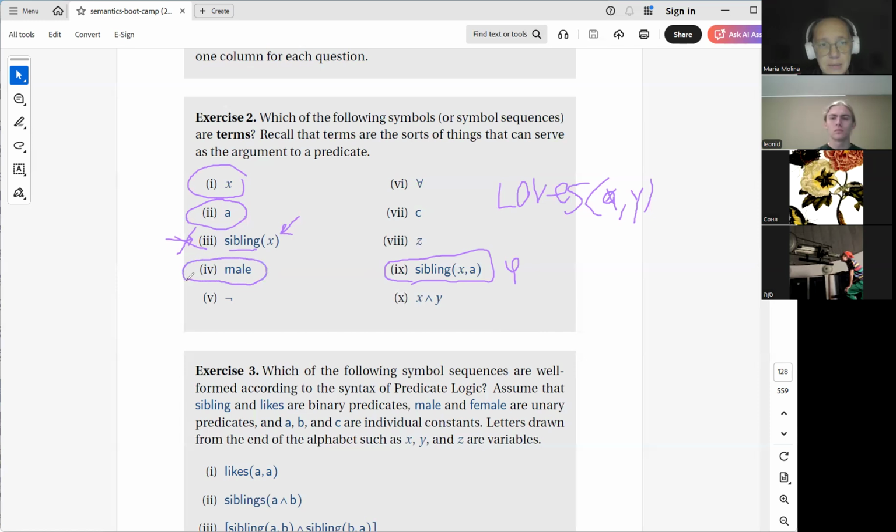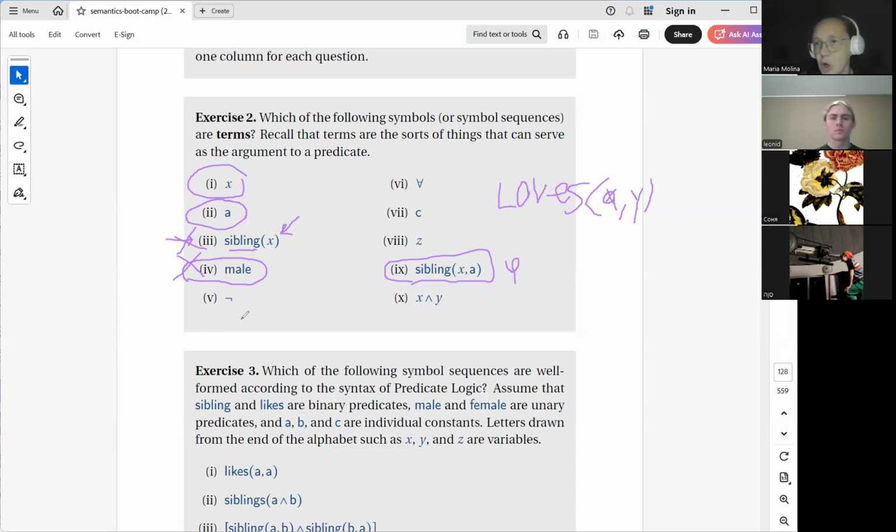But can predicate serve as the argument to a predicate? No. No, predicate cannot be a term. What about a negation, an operator?